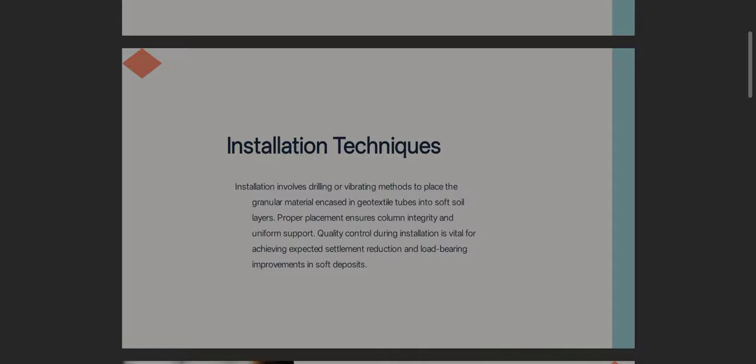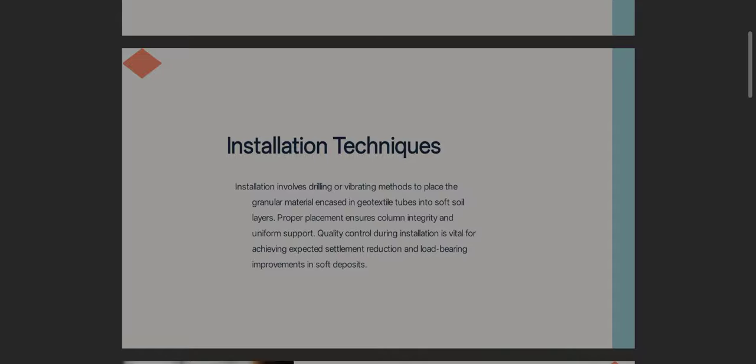Granular material is placed in layers and compacted using vibro probes or tamping devices. This method is suitable for very soft soils where soil displacement methods may cause excessive ground heave or instability. However, care must be taken to prevent borehole collapse and damage to the encasement.